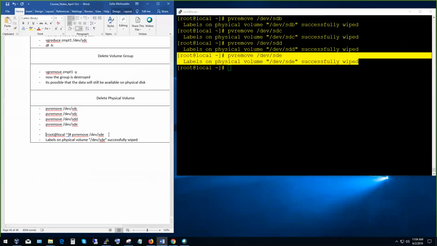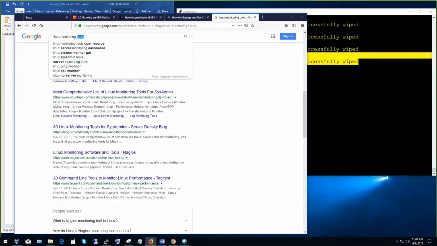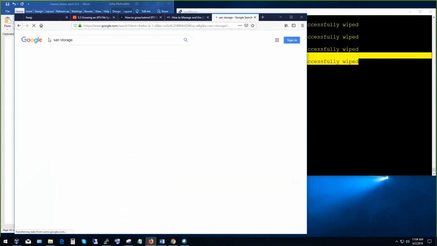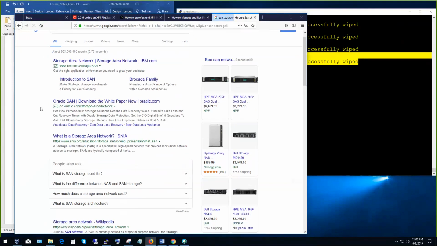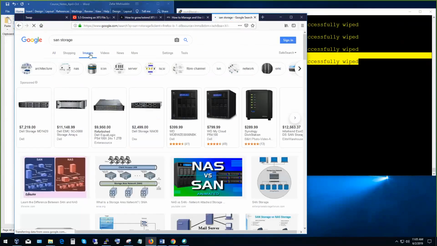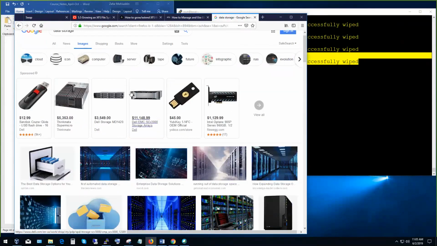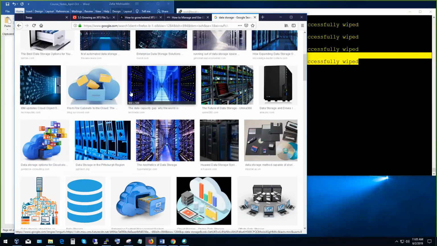So that's why there is a storage team out there, and I think those are highly paid too. SAN storage. What is this?